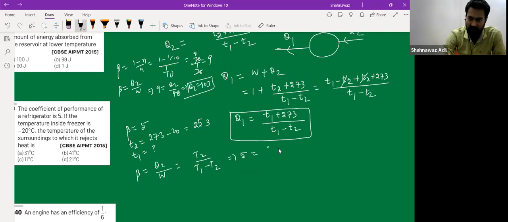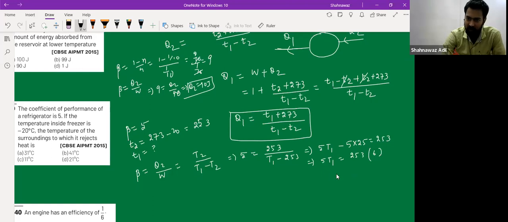So beta is given, and this is Q2 by W, which is T2 by T1 minus T2, right? So 5 equals 253 by T1 minus 253, where T1 we want to calculate. So this would be 5 T1 minus 5 into 253, which is 253. So 5 T1 is 253 plus 5 times 253, so this is 6 times 253.